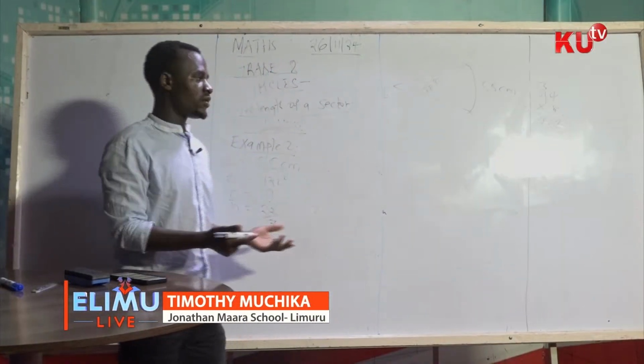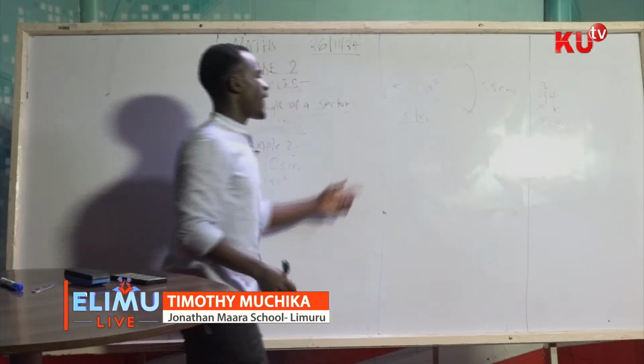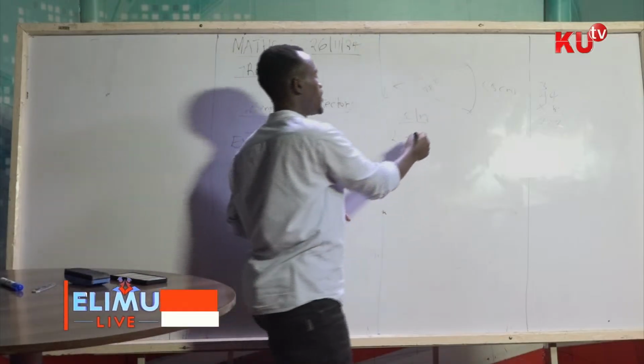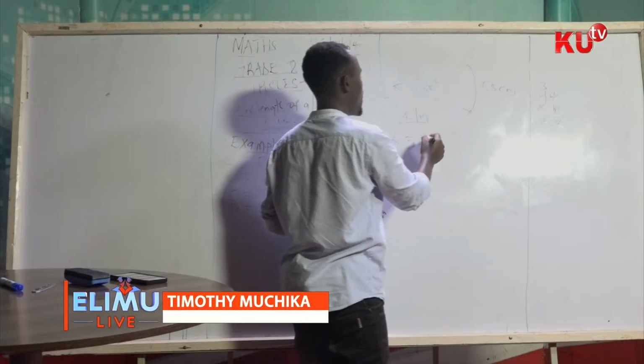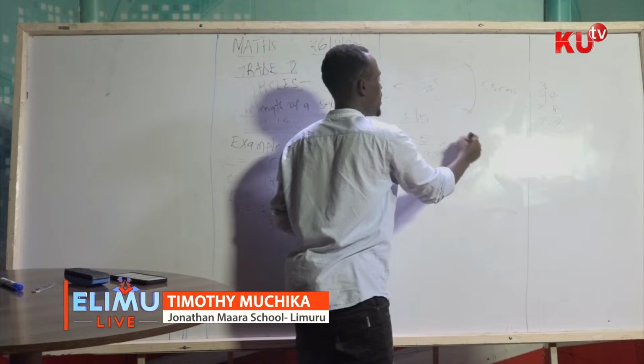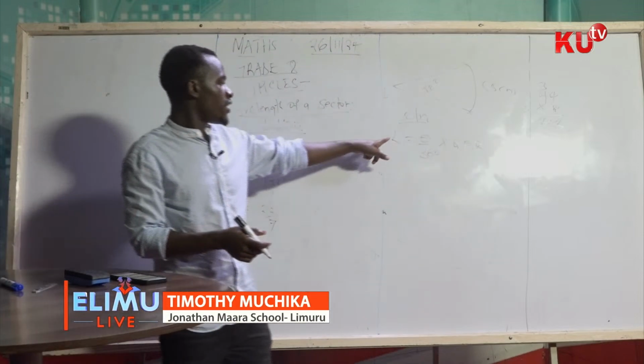Again, solution. We know that arc length is given by angle theta over 360 degrees, you multiply by 2 pi r. So this is the arc length.